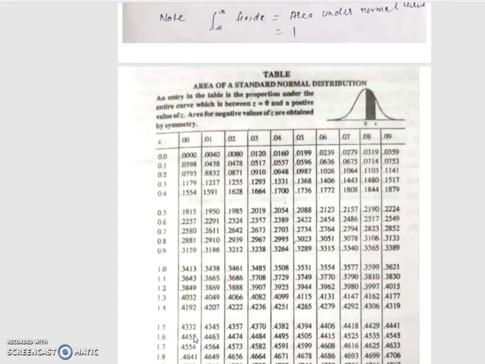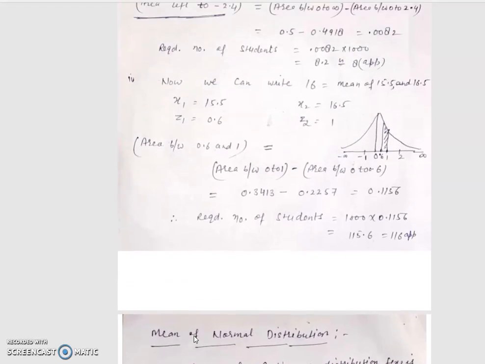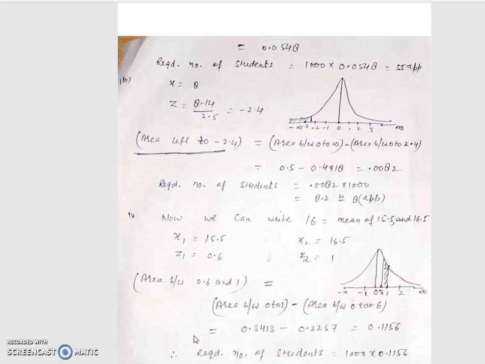This value is 0.0082. The required number of students, multiplied by 1000, is 8 approximately.